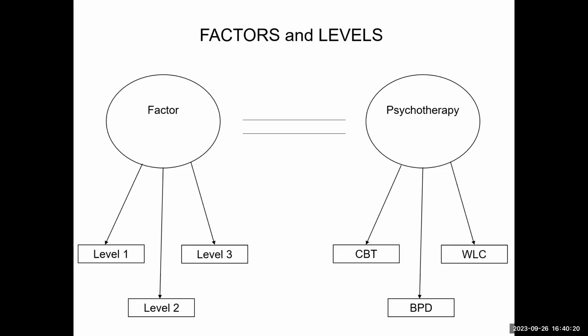In our present example, our factor is psychotherapy, and then subsumed by each factor, we've got the various levels associated with the factor, and we could think of the levels as the different groups associated with the factor. So in our hypothetical example, we've got a single factor, psychotherapy. We've got three levels or three groups associated with it: CBT, BPD, or WLC.